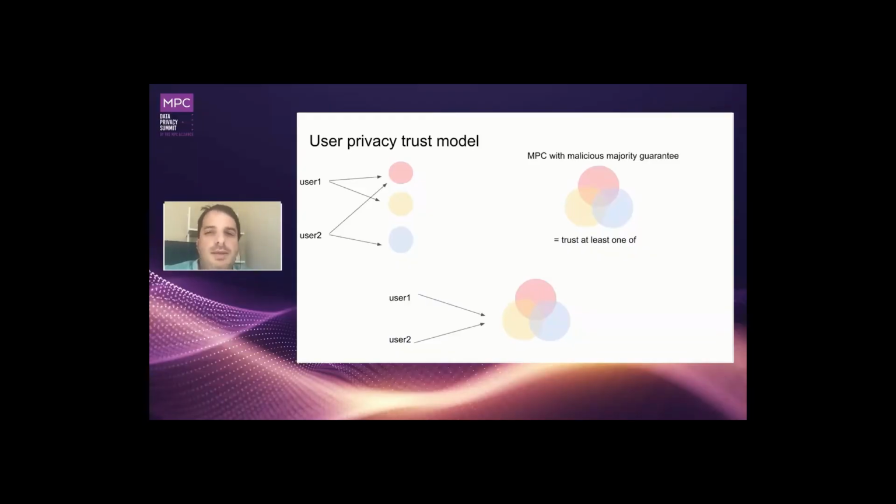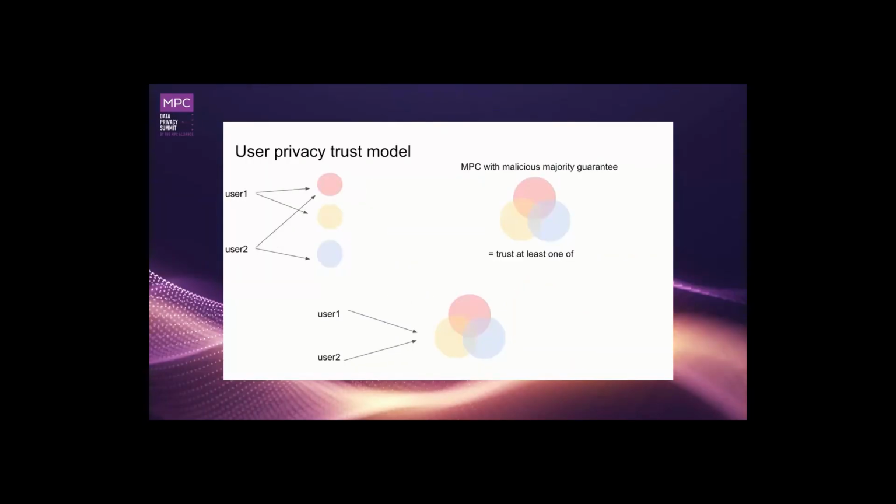But if on the right-hand side you have an MPC between these parties, which has a malicious majority guarantee, which means you can trust the system as long as you trust one of the participants, then it follows that if you trust any of the websites that are participating in the MPC, then by a transitive property, you should trust the MPC. And this is the magic that I think the MPC brings to the table, that we can scale privacy, and we can meet the user requirements.